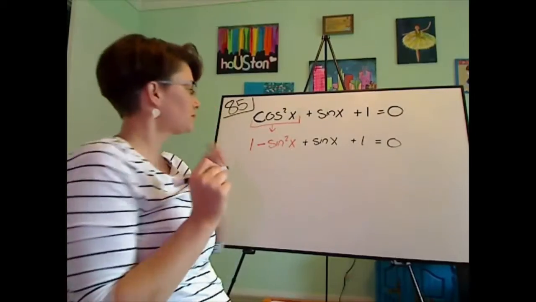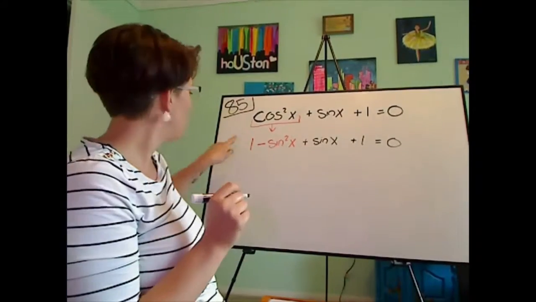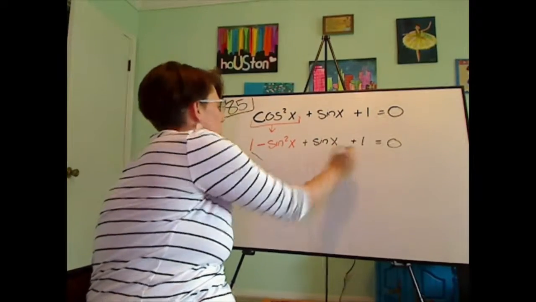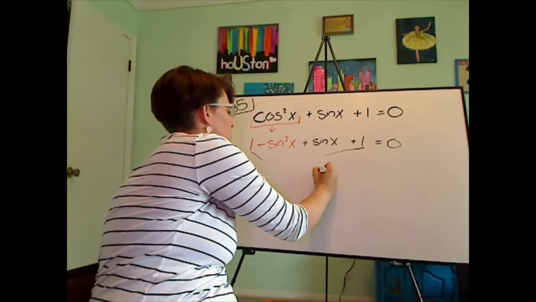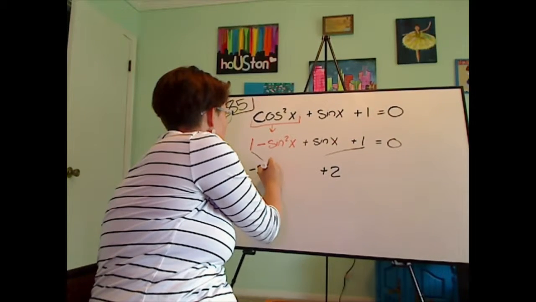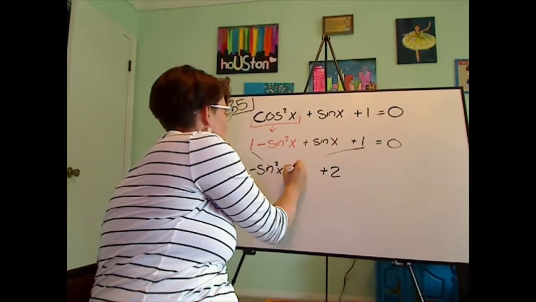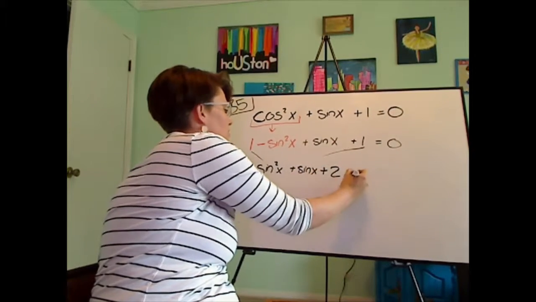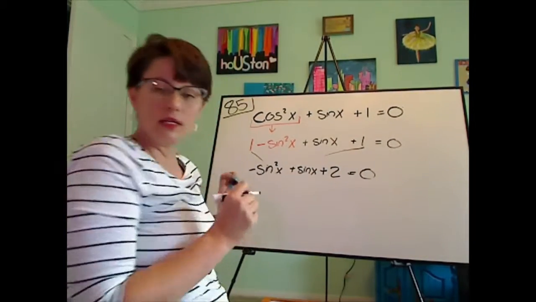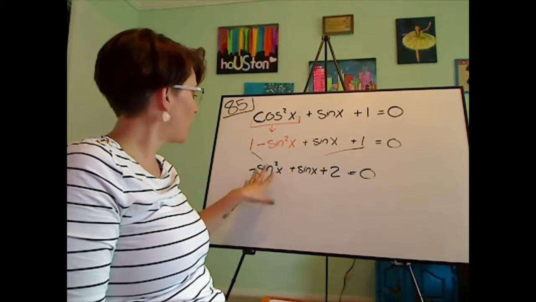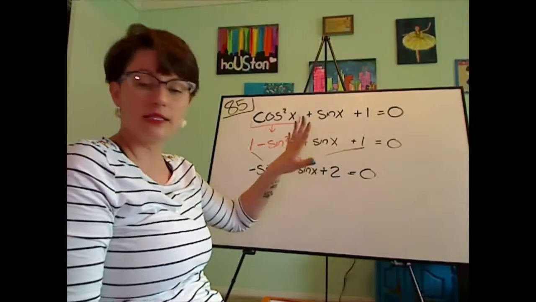All right, and we will combine our ones together. The 1 plus the 1 over here makes 2, so we've got the negative sine squared and the positive sine, and the plus 2 equals 0. Now we're going to have to factor. This is a trinomial. We've got the square, a regular term, and a constant number.